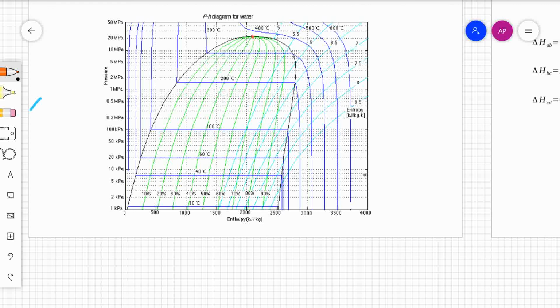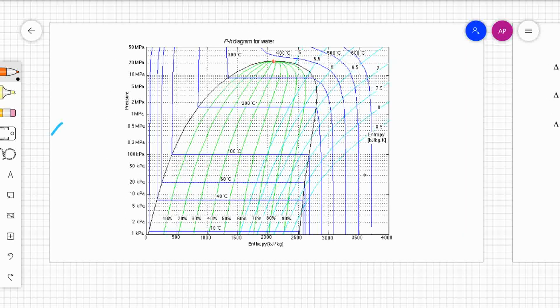Something similar happens if you look at the pH diagram. The top red star in the pH diagram is nothing but the critical point. When you boil any fluid at a lower temperature, let us say 40 degrees Celsius, as you can see, the enthalpy of vaporization is high as compared to the enthalpy of vaporization required when it is at 200 degrees Celsius.